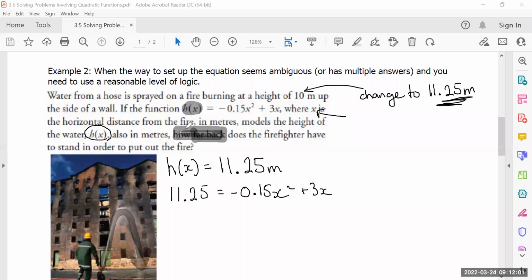In other words, what is x? What's that horizontal distance? So if you know the question is asking what's x, let's take a look at it mathematically. Here's an equation. I want to know what x value makes 11.25.